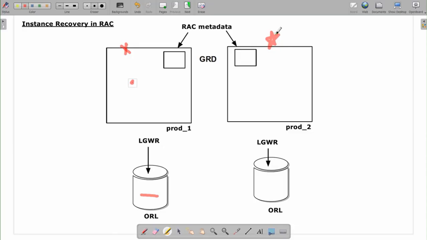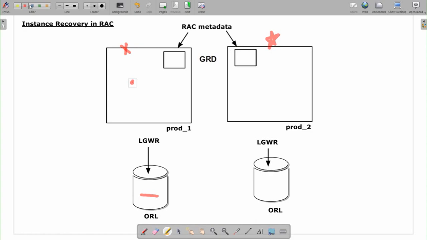Okay, because our instances will send network heartbeat messages. So through the heartbeat message transfer, one of the instances can detect the problem instance. So if a problem instance is detected, behind the scenes this RAC metadata must be recovered.